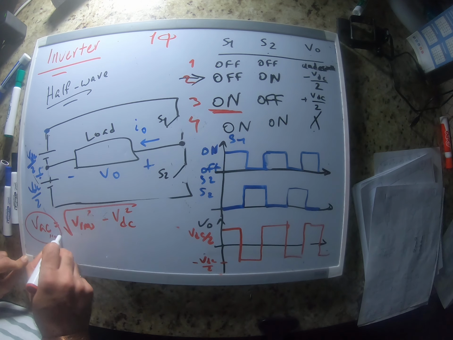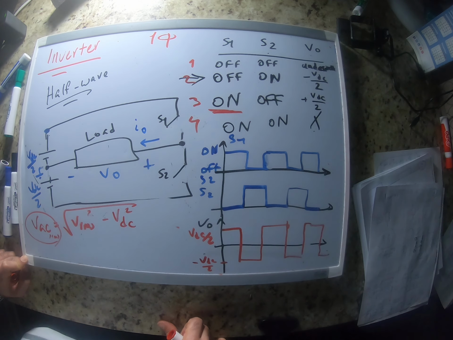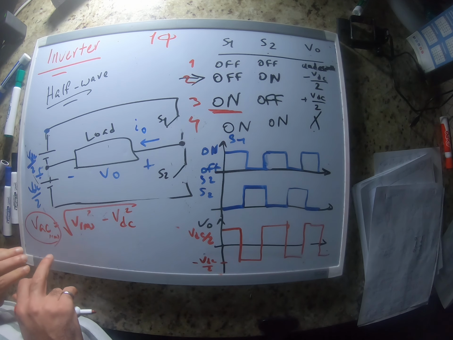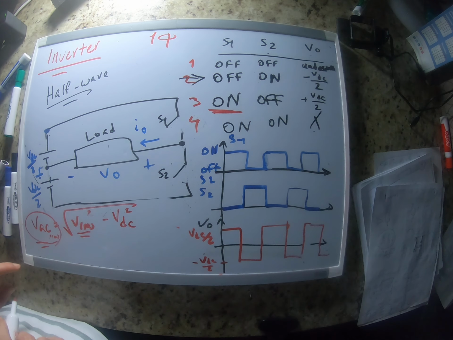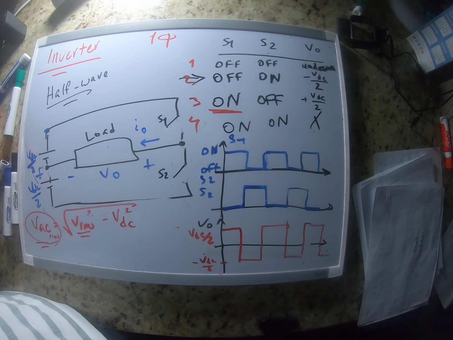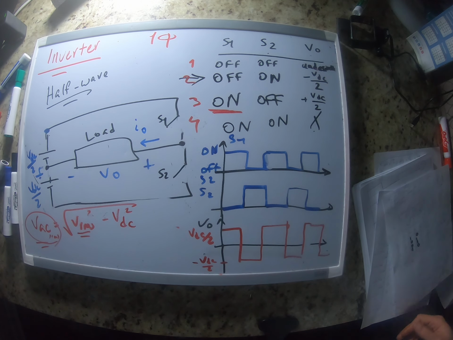So this is how you can calculate. You can see that this signal actually has some AC value, right? So I leave it up to you to calculate this one and this one, and see how much AC voltage you have. So this is all about the half wave inverter.